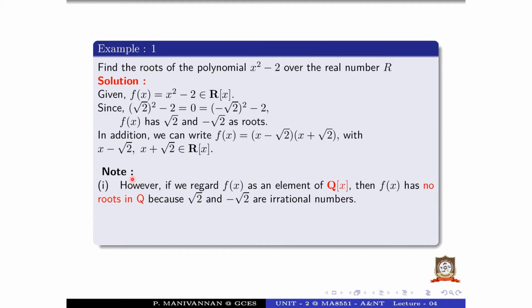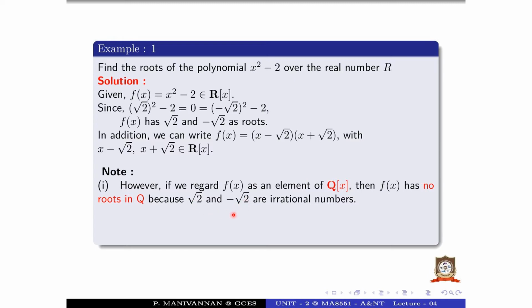Now, however, if we regard f of x as an element of Q of x, the coefficients are in Q. Here 1 and minus 2 belong to Q. So this polynomial belongs to Q of x, but has no roots in Q, since this equation is satisfied only by root 2 and minus root 2.